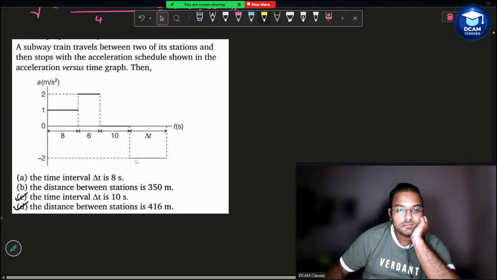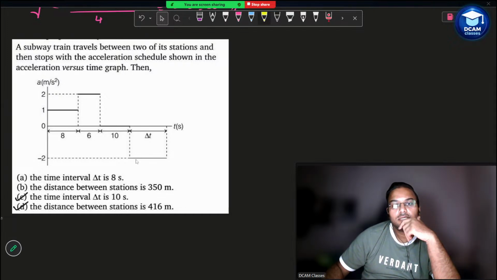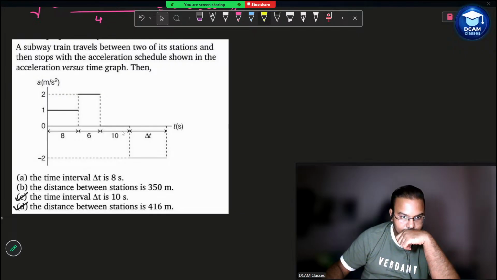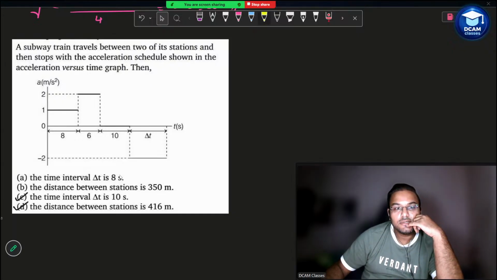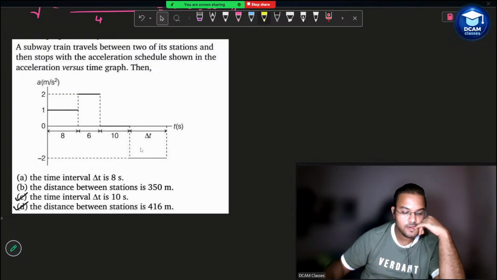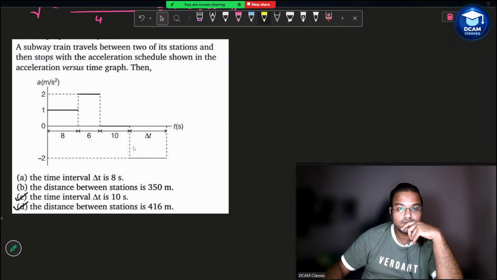So how did you find the first thing, delta t? Sir, at the end of the 10-second interval, the speed is 20 meter per second. To bring it to zero, you need constant deceleration of 2 meter per second squared. So the acceleration is minus 2 in delta t.